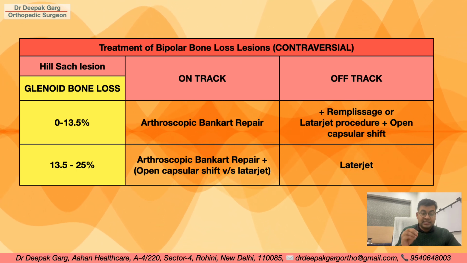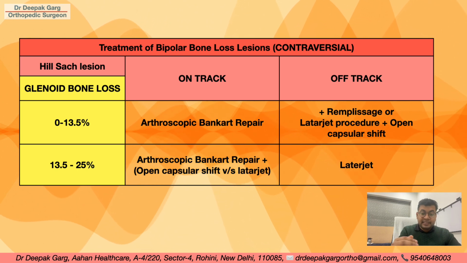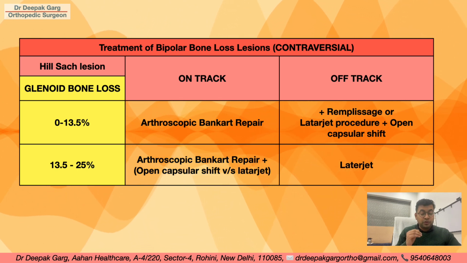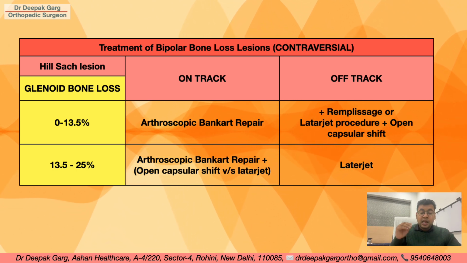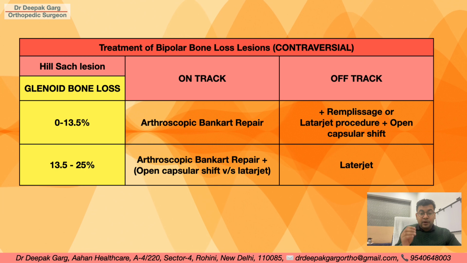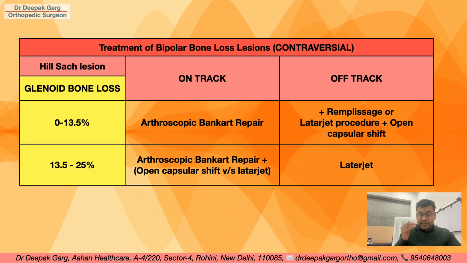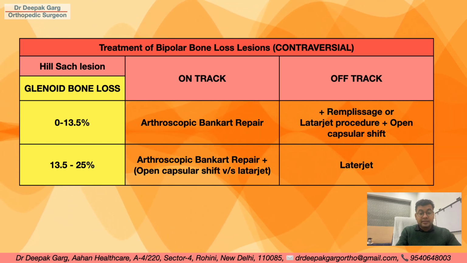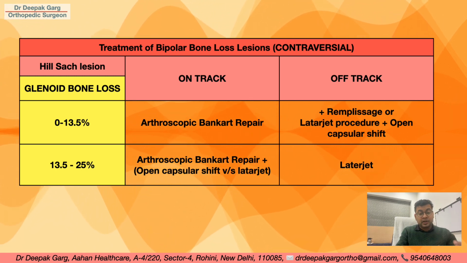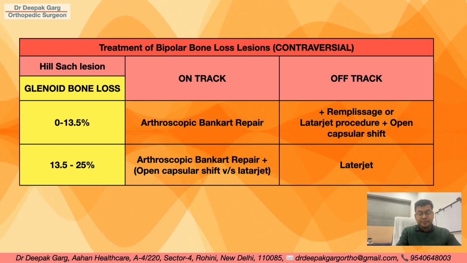Humeral bone loss is 0 to 13.5%, but off track, that means on the medial side. Then also we have to go for some procedure, for example the Latarjet procedure or Remplissage procedure, so that we will increase the track or decrease the humeral head defect. Or if it is 13.5 to 25%, then we go for the Latarjet procedure. Usually we will not go for the Latarjet procedure if it is on track. So it is very important to calculate whether the lesion is on track or off track.